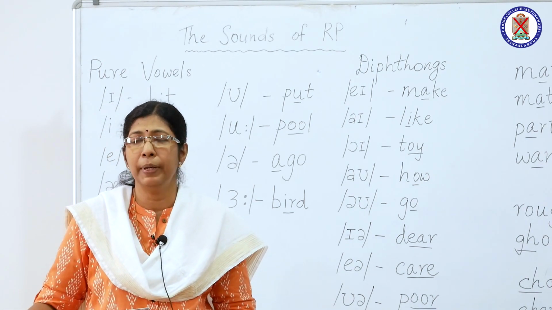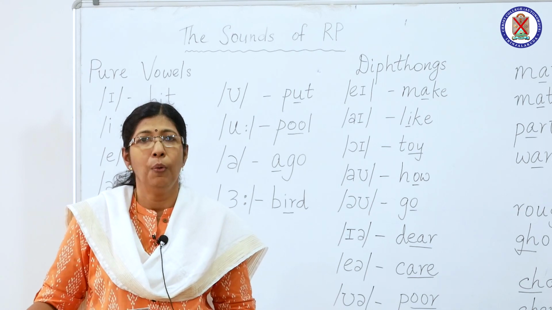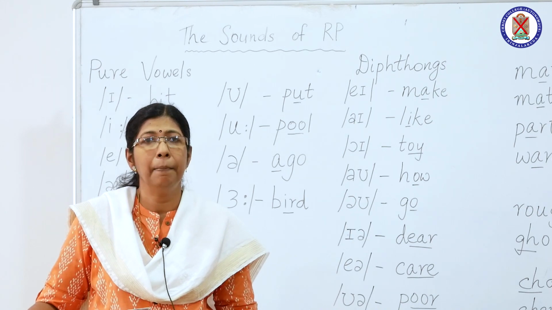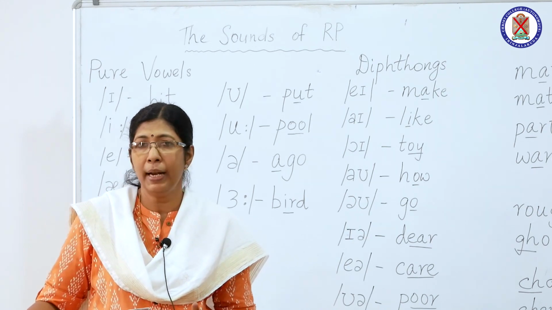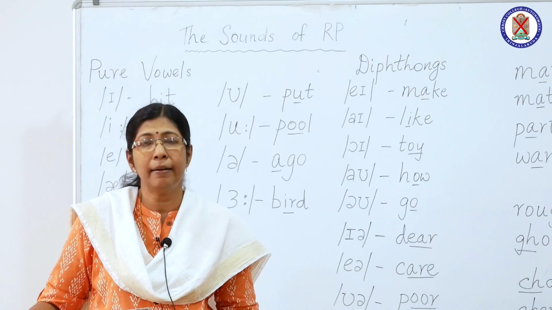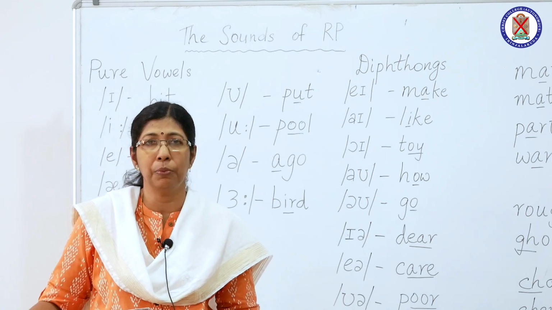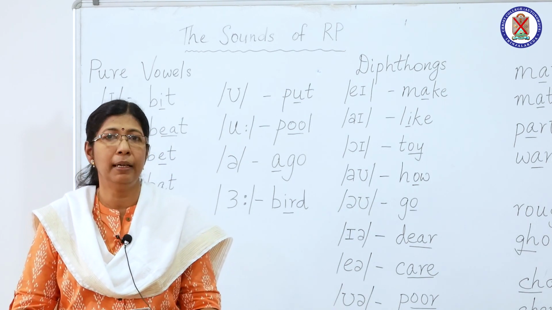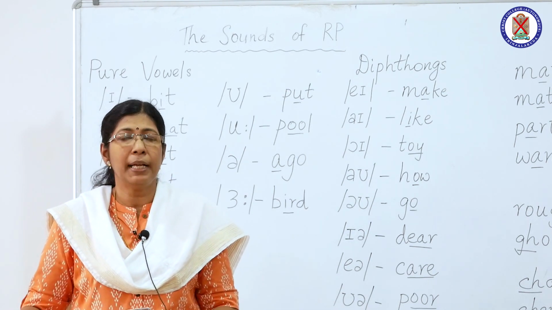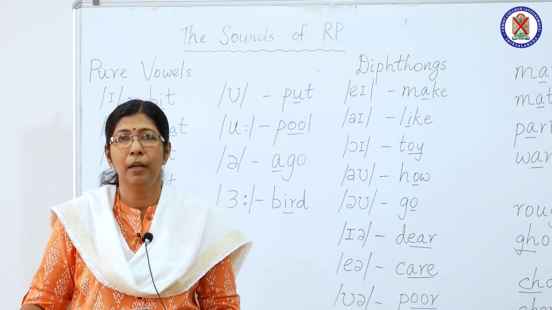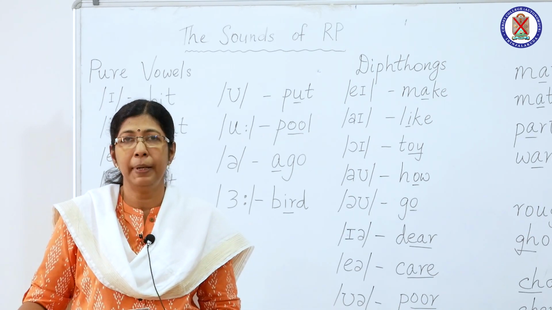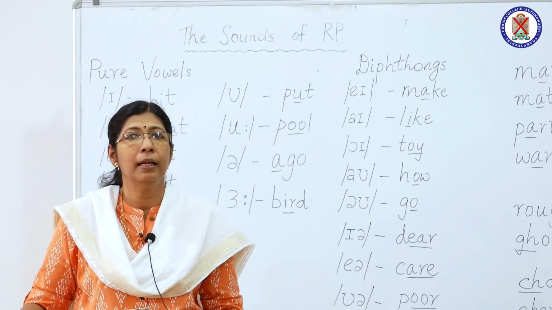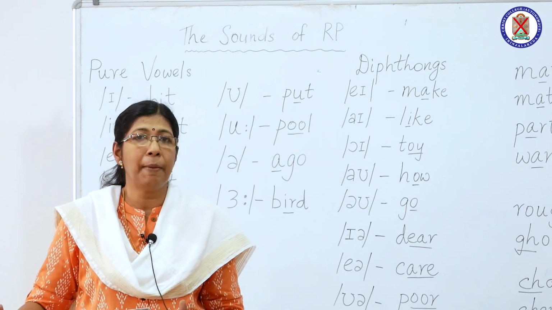A phonetic language is a language where a sound is represented by a letter, or in other words, one letter represents only one sound. But we know, as far as English is concerned, there is no such one-to-one correspondence between the letters of the alphabet, between the letters that we use to write a word, and the sounds represented by these letters.